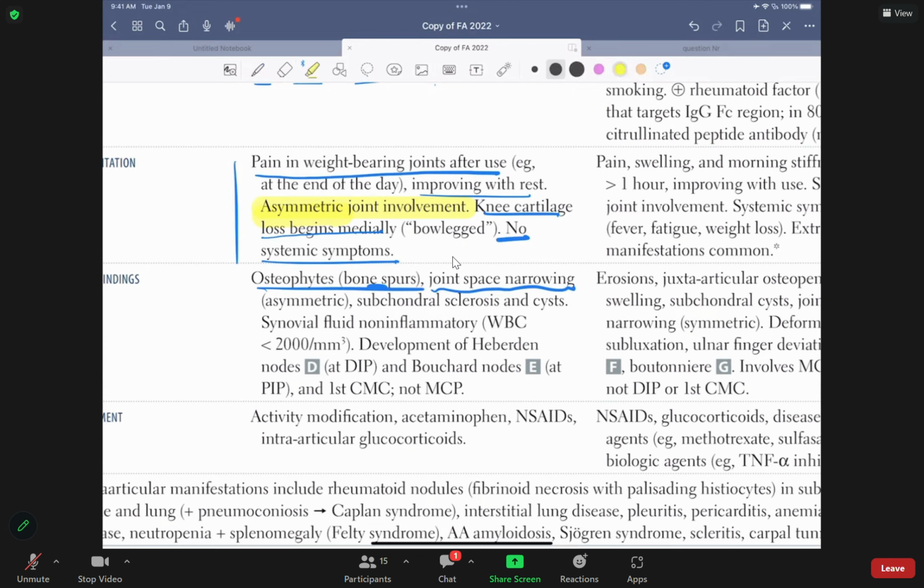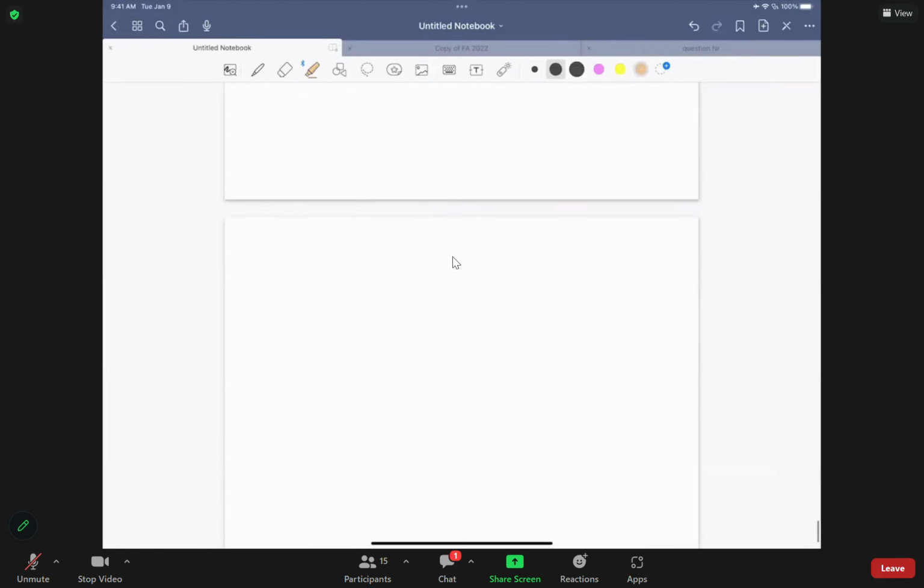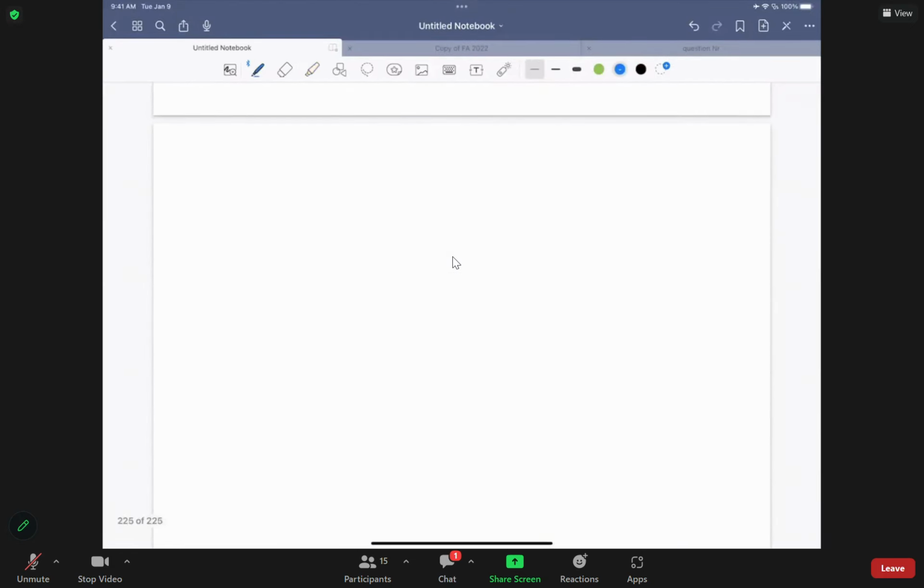But if you take a sample of the synovial fluid, it is non-inflammatory. Look at that. Non-inflammatory, less than 2000. I drew this chart to help you guys. It's useful if you want to copy it. This is less than 2000 synovial fluid WBC, then 2000 to 25,000, and this is more than 50,000.